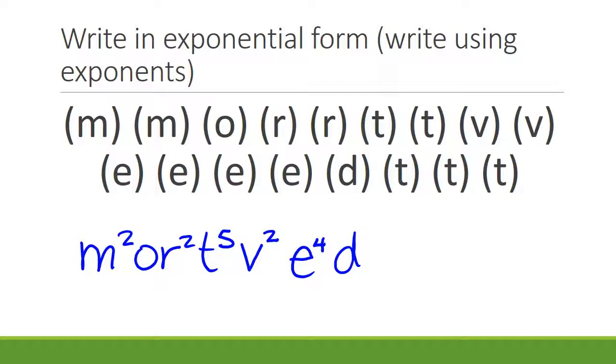So even though these t's aren't all written next to each other, we still need to combine them and have that t to the fifth. So just notice in the end, the order doesn't matter. What matters is that they're all grouped together.